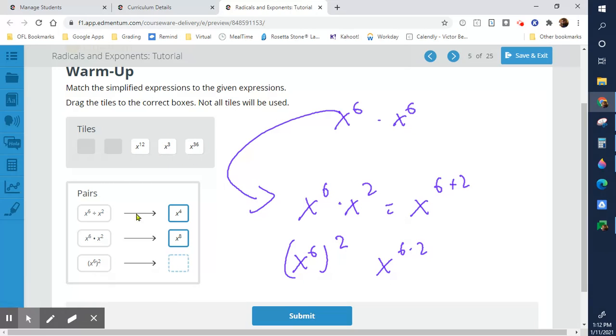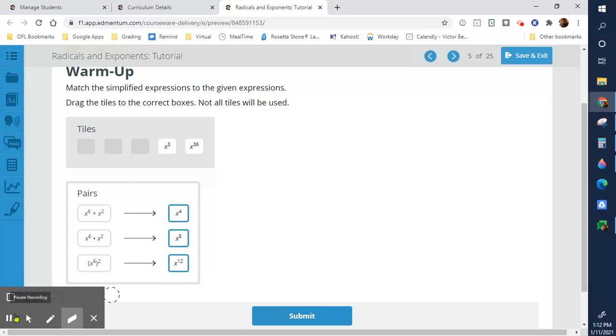Edmentum, I honestly think that all of these are very closely related. I would almost say that the division one and the multiplication one are exactly the same. Or we'll get to the one that I think is exactly the same. Notice how they don't have it here, but there's one. Oh, I'm jumping ahead. We'll get to it when we get to it.